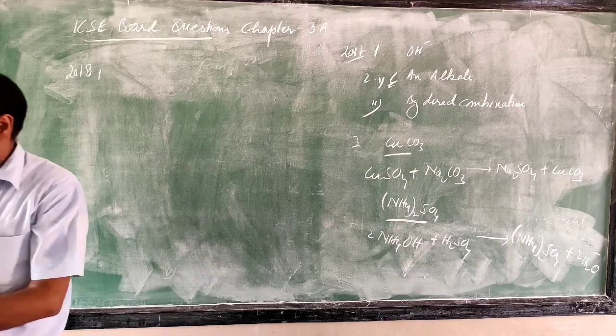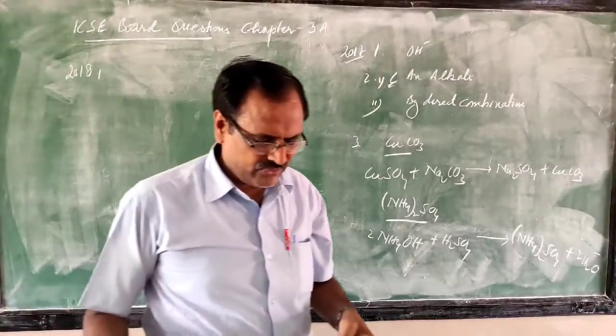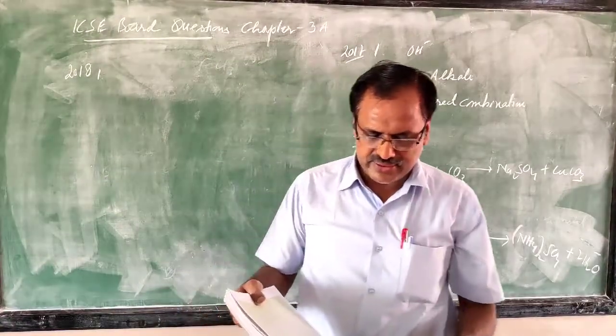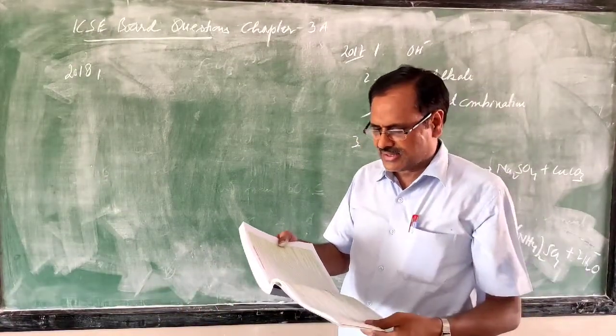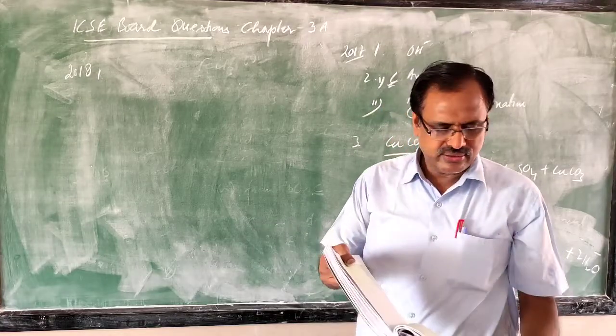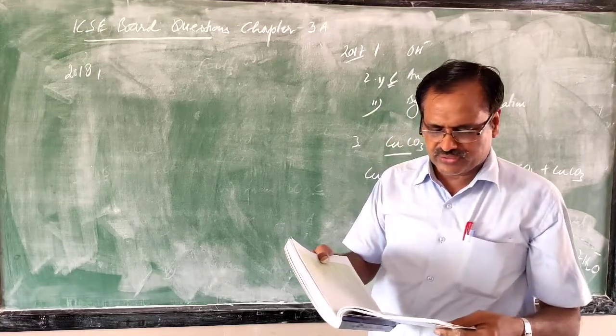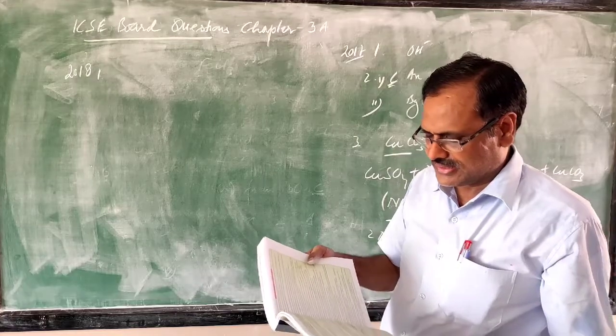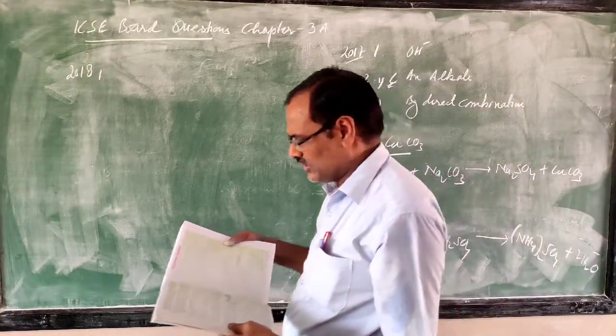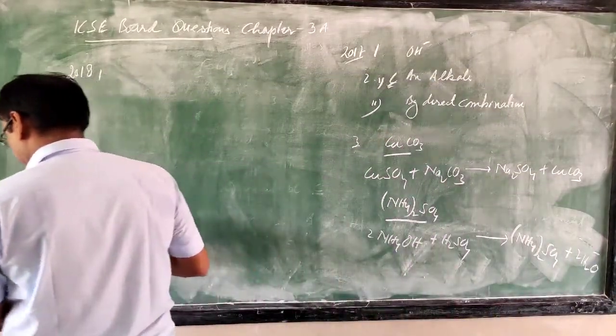Give one word or phrase for the statement: the property by which certain hydrated salts, when exposed to the atmosphere, lose their water of crystallization and crumble to powder form. So this is efflorescence.